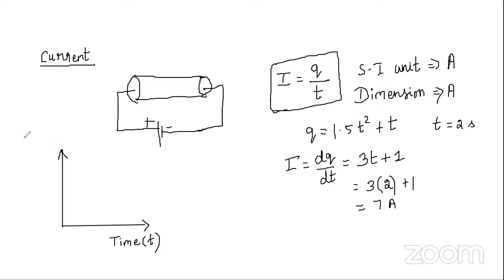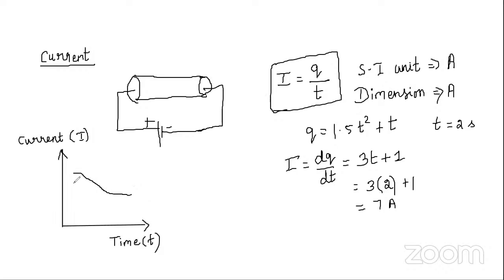Current is represented by capital I, and here you have the graph of current versus time, and the curve looks like this. This is just an example.